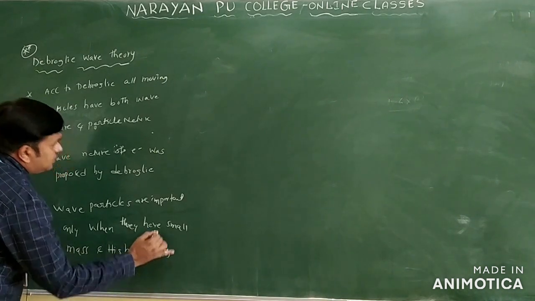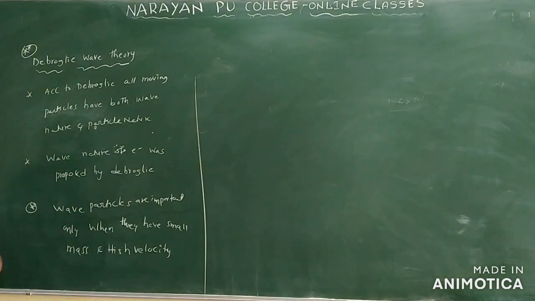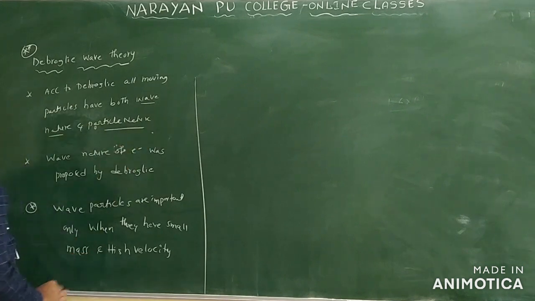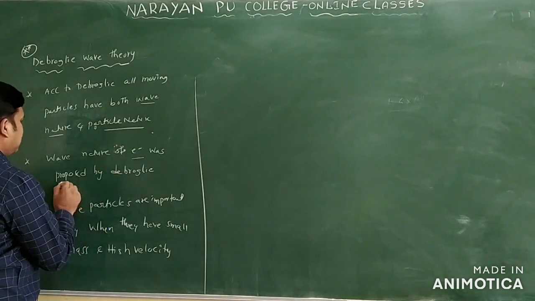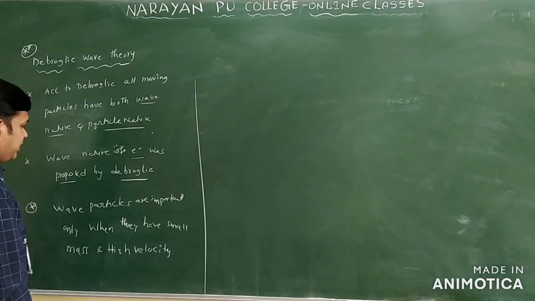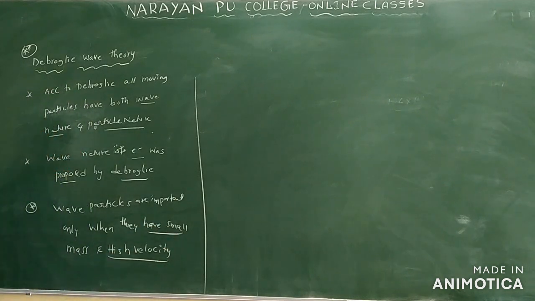So these are the assumptions of de Broglie. De Broglie tells that all moving particles have both wave nature and particle nature. Wave nature of electrons or particles is given by de Broglie.